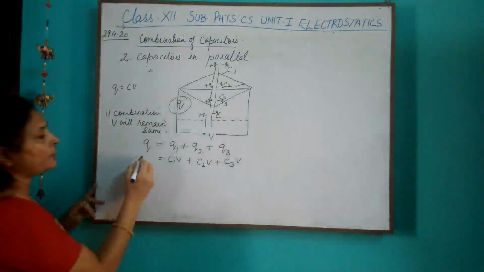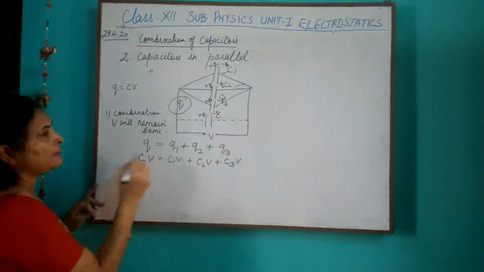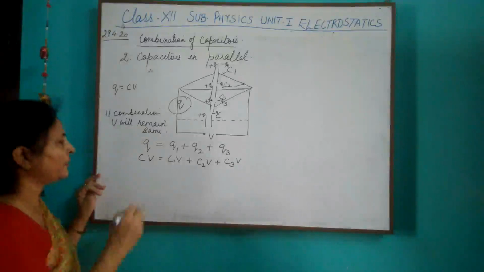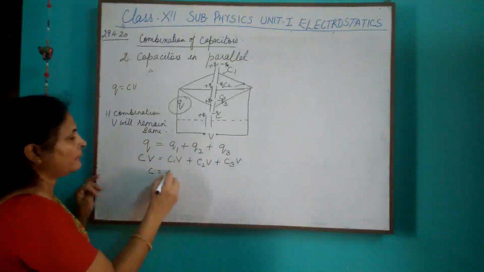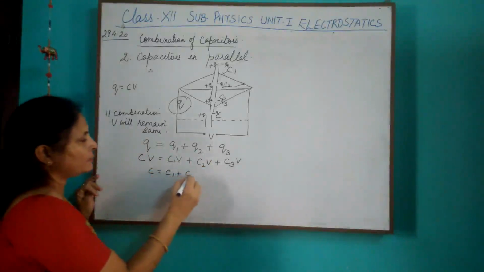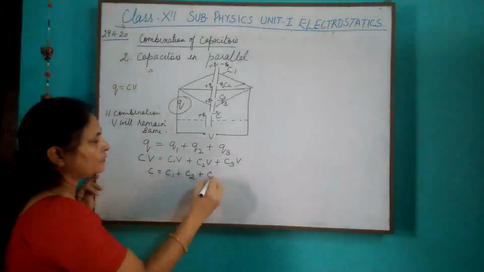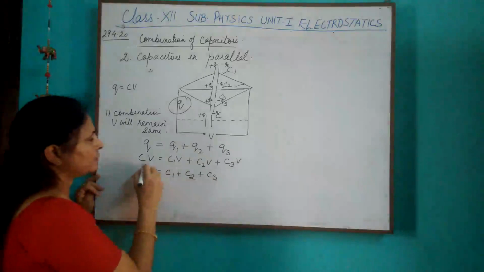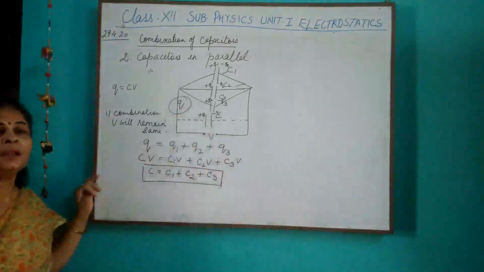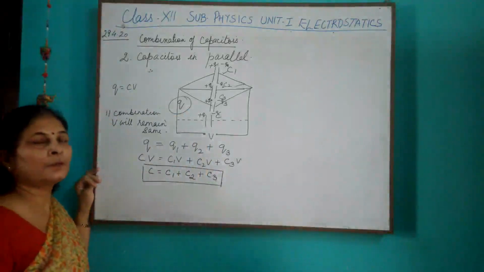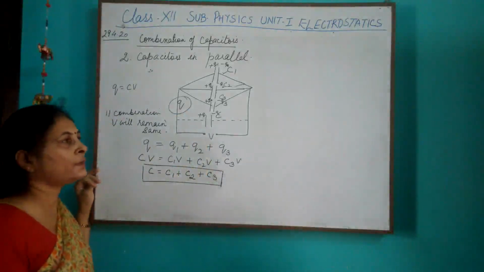So this will be now equal to CV. This V will cancel out, and we will be left with C is equals to C1 plus C2 plus C3. In this way, you can find out the total capacitance of the capacitor.